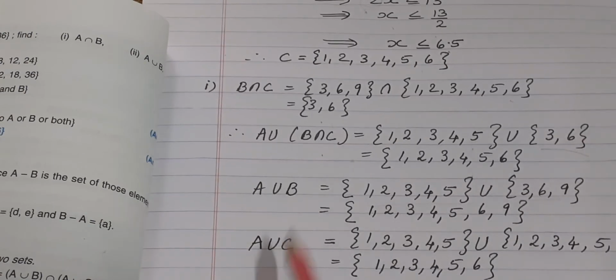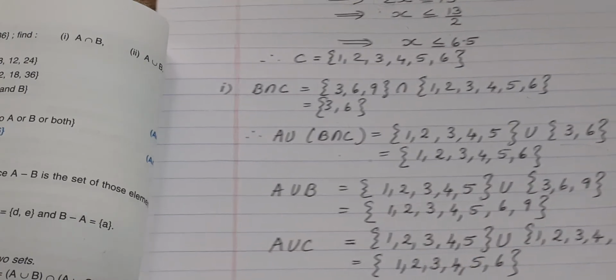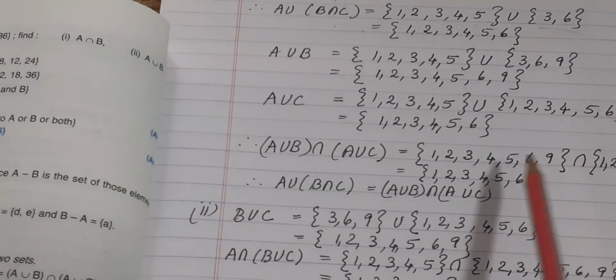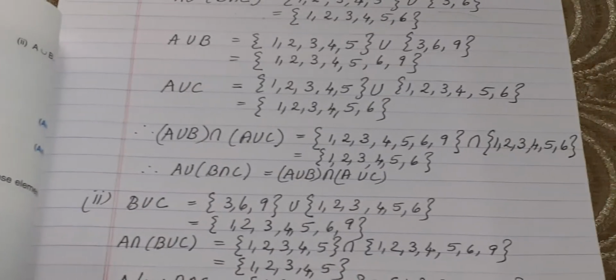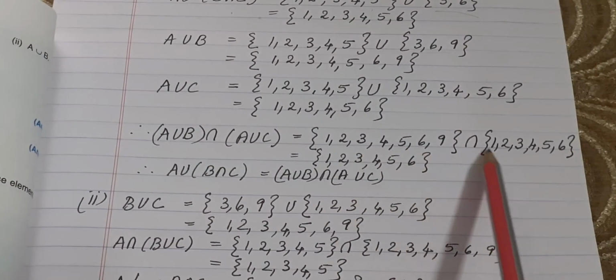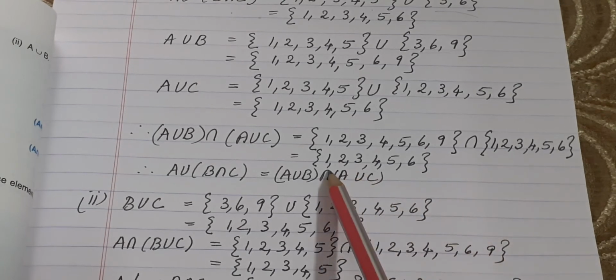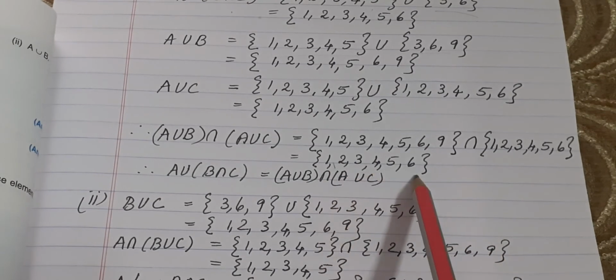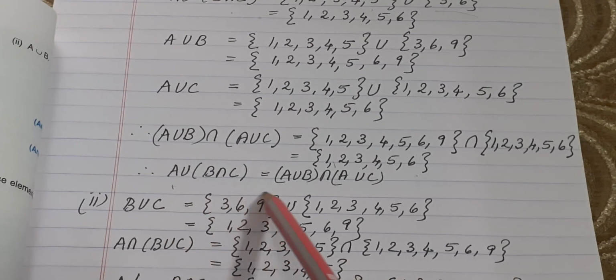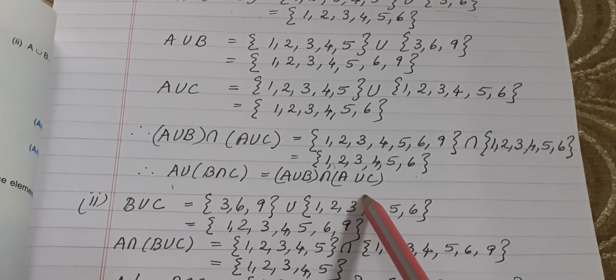A union C you will get as {1, 2, 3, 4, 5, 6}. So (A union B) intersection (A union C) is equal to, how will you get it? {1, 2, 3, 4, 5, 6, 9} intersection {1, 2, 3, 4, 5, 6}. Which elements are common? 1, 2, 3, 4, 5, 6. So what you got: A union (B intersection C) is equal to (A union B) intersection (A union C).